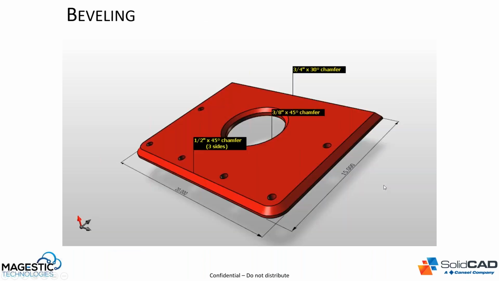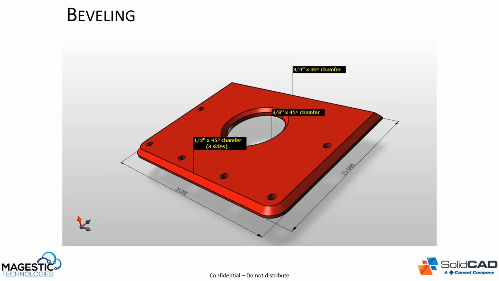And then lastly, if your machine has the capability to bevel as well, we support beveling from your CAD solution. We attribute some of the edges with the different bevel types, whether it's a K bevel or just a standard angle bevel with a land, things like that.